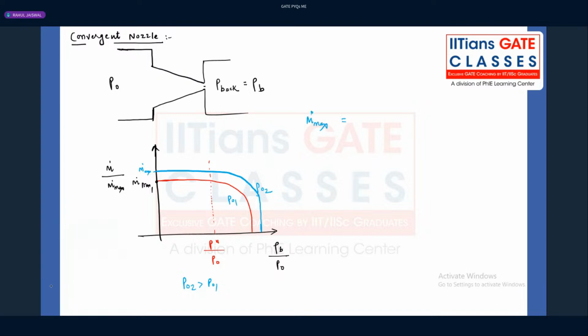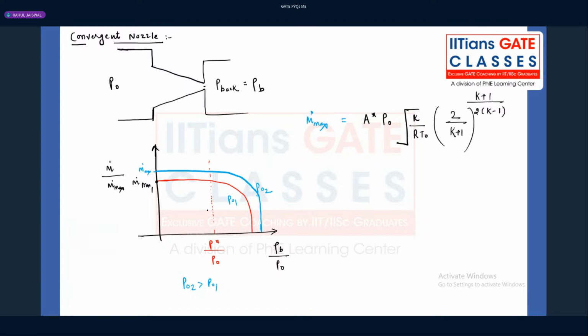Maximum mass flow rate: if you try to see, when the choking condition is achieved, at that particular point, what is the maximum mass flow rate? A star, which is nothing but the sonic area, the throat area, you can say, times P naught times the square root of K by R T naught, times the factor with 2 over K plus 1 raised to the power of (K plus 1) over 2(K minus 1).